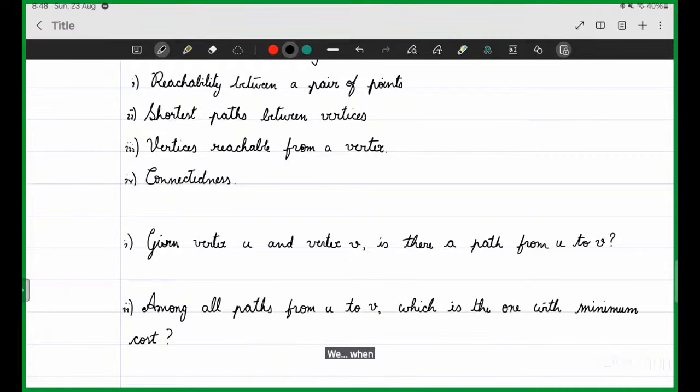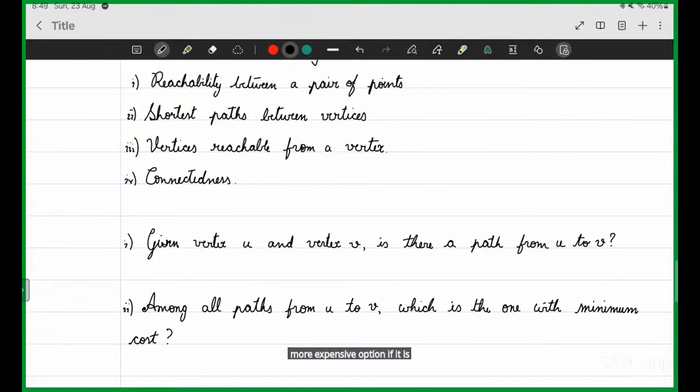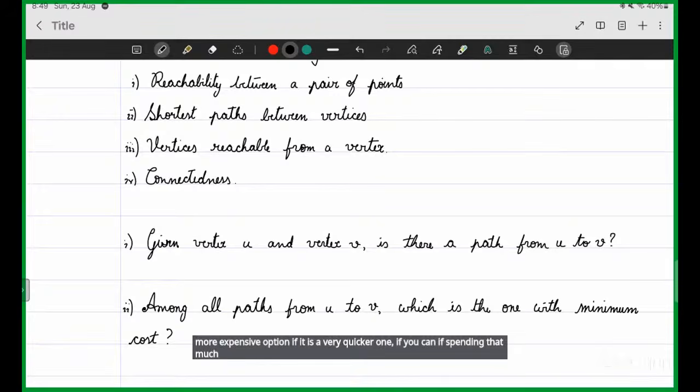Whenever we plan a journey somewhere, we do take that into account, right? How much cost? Now, cost may not just be money. You might go for a more expensive option if it is a much quicker one, if spending that much is not too concerning for you.